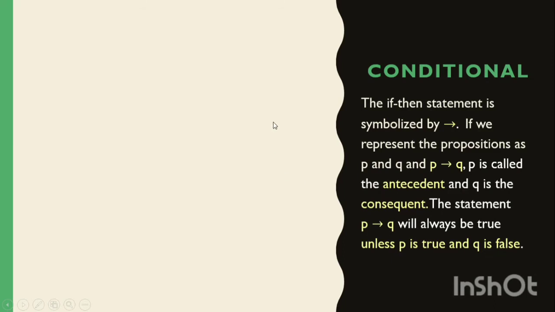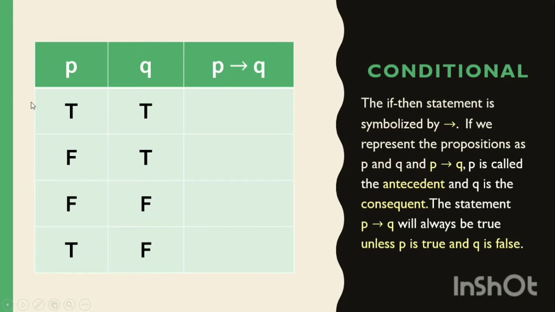To illustrate this better, we have here, again, all the possible truth values of P and Q. So we have here P implies Q. If P is true and Q is true, P implies Q will be true. If P is false and Q is true, P implies Q is true.